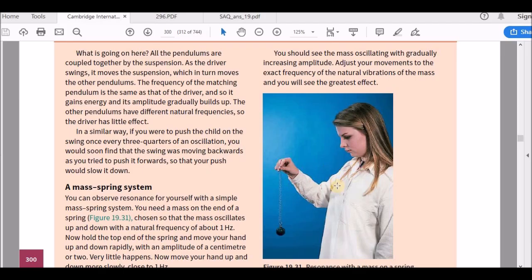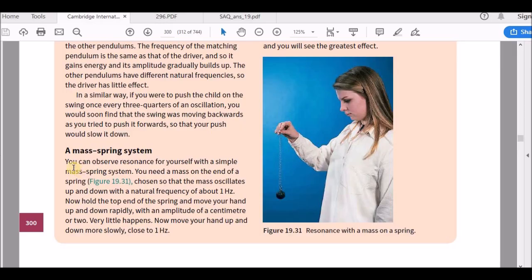Okay, so here also you can see resonance with a spring mass system. You can observe resonance for yourself with a simple spring mass system. You need a mass on the end of a spring, chosen so that the mass oscillates up and down with a natural frequency of about 1 Hz. Now hold the top end of the spring and move your hand up and down rapidly with an amplitude of a centimeter or two.